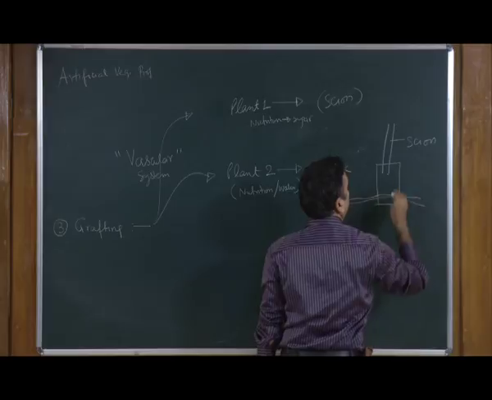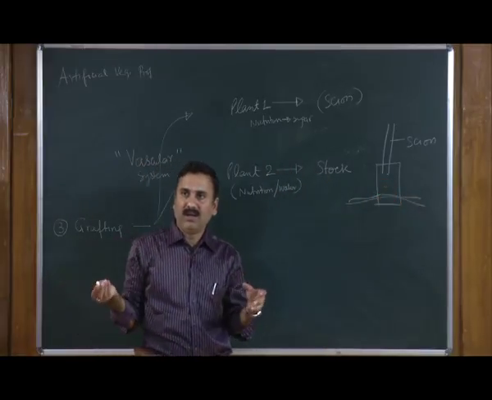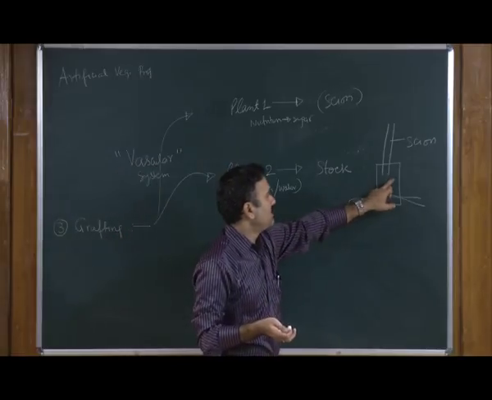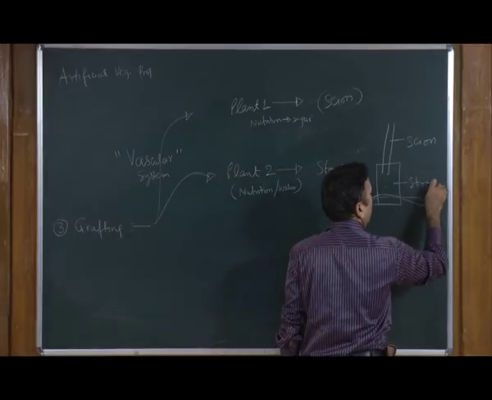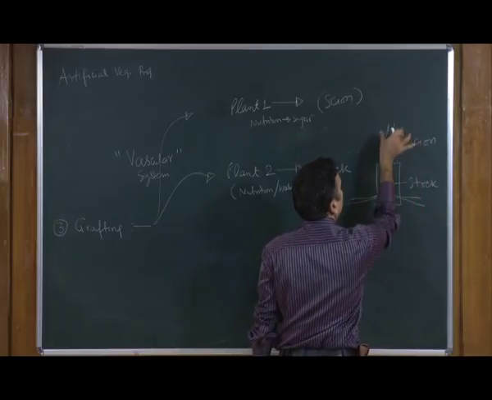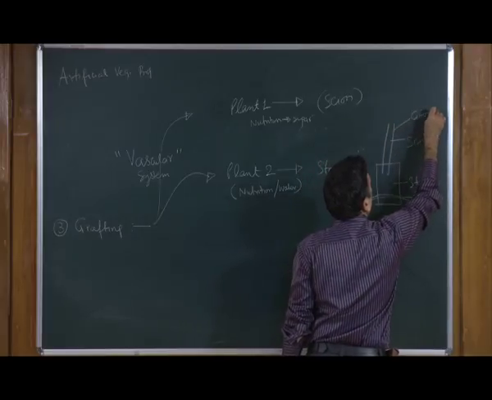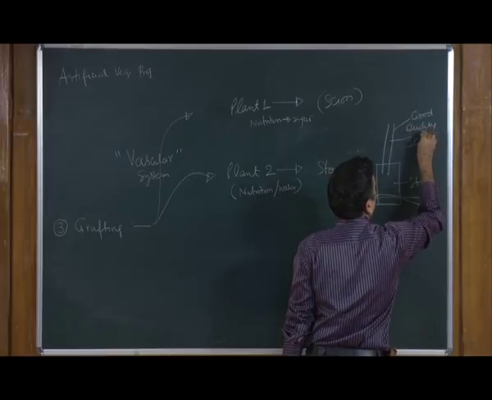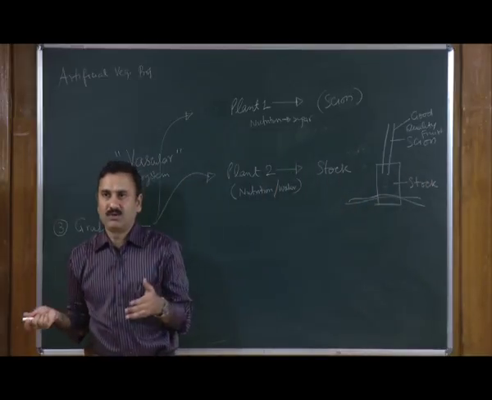Since this stock is good in providing water as well as natural resources like minerals, but the fruit coming from the stock is not of very high quality, you take another plant as a scion and put it onto this stock, and that will give you good quality fruits. A classical example is different varieties of mangoes.